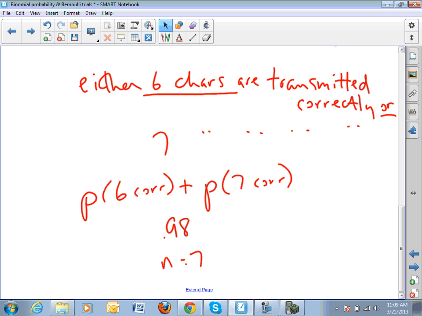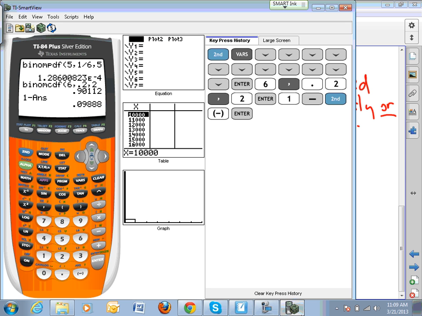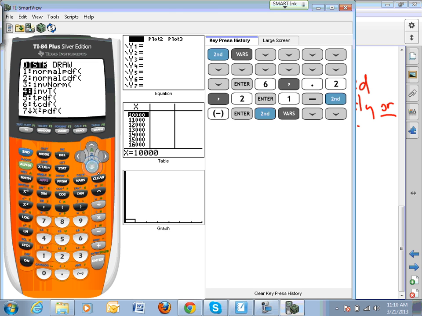What'd you get? I got 1 or 10%. That was not right. Could I use a PDF? I just did the binomial PDF of 6, and then plus 7. Plus binomial PDF of 7? Yeah, that should work. Let's try it again here. Is that option B for CDF?